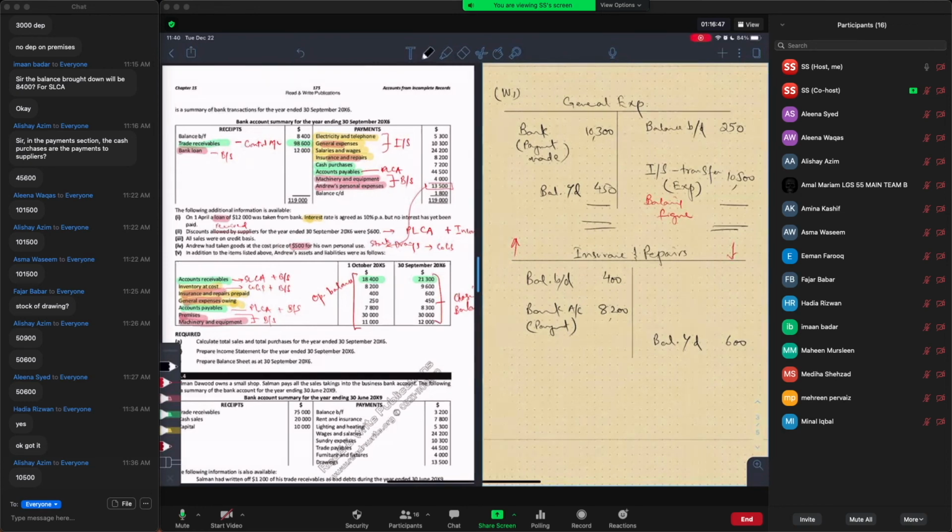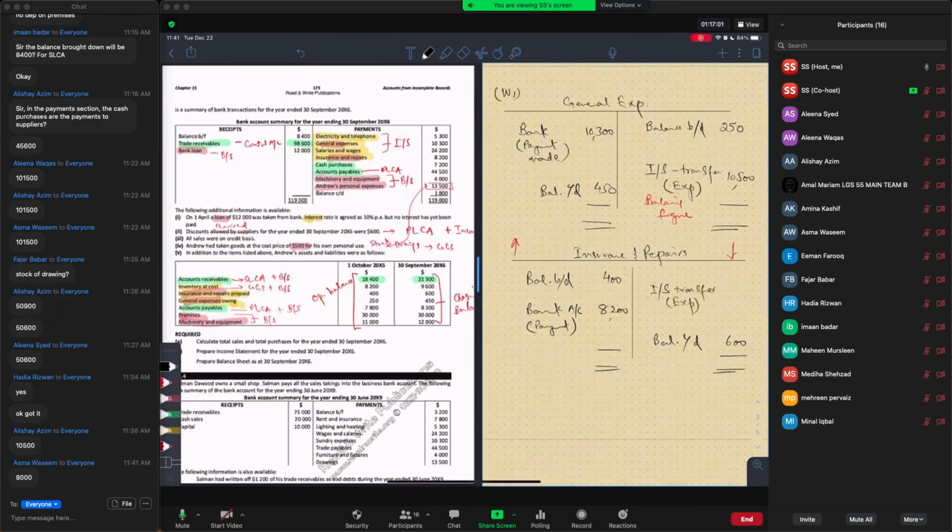So now we balance this account, and the balancing figure is going to tell us how much is to be transferred to the income statement. The transfer to the income statement will tell you what the true expense is out of all of these values. So 400 and 8,200 on the debit side, minus 600, will give you $8,000 as an expense, right?